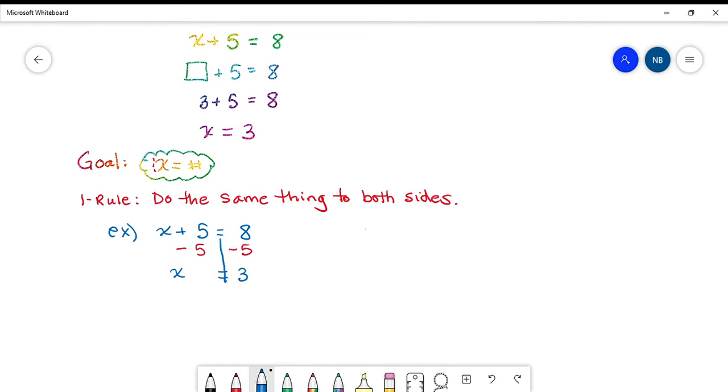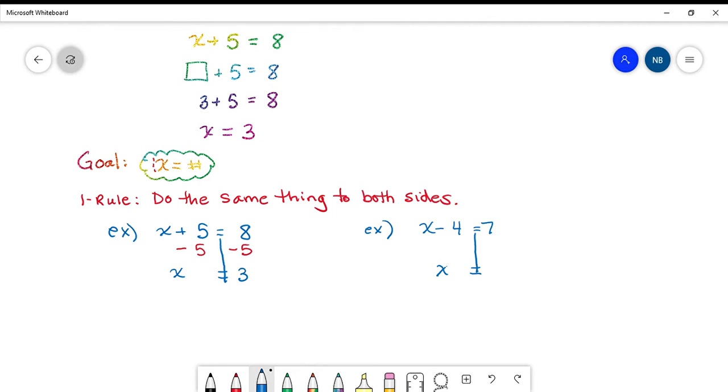Let's do some more examples. x minus 4 equals 7. Well, I'm going to draw a line at the equals. Now, what number can I add or subtract or multiply by or divide by that would leave us with x equal to a number?